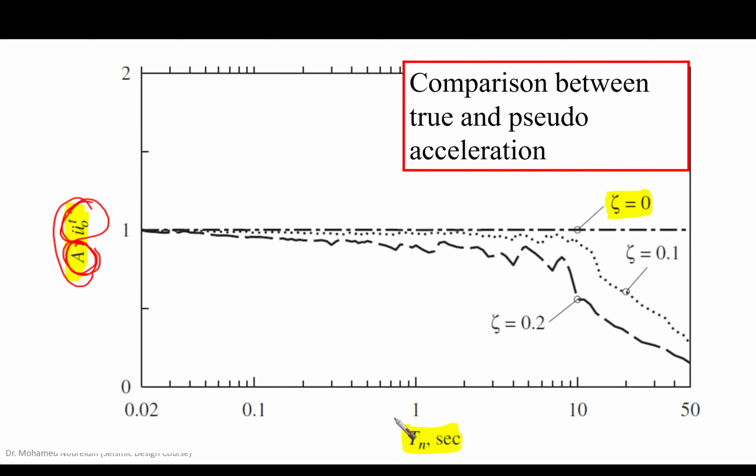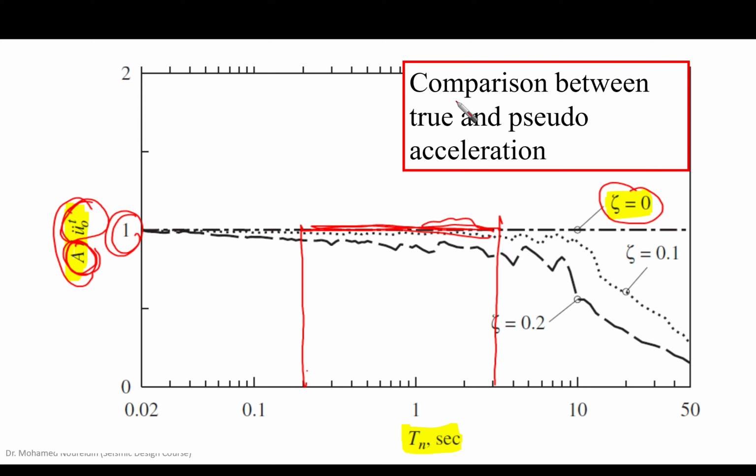We found that against T, they are equal. Where? Look here, we are talking from here. This is the range that we are interested in, almost 2, 3. And for damping ratio, almost 0, between 0 and 0.1. So we are almost here, as you can see, it's almost 1. They are the same, and very accurate.